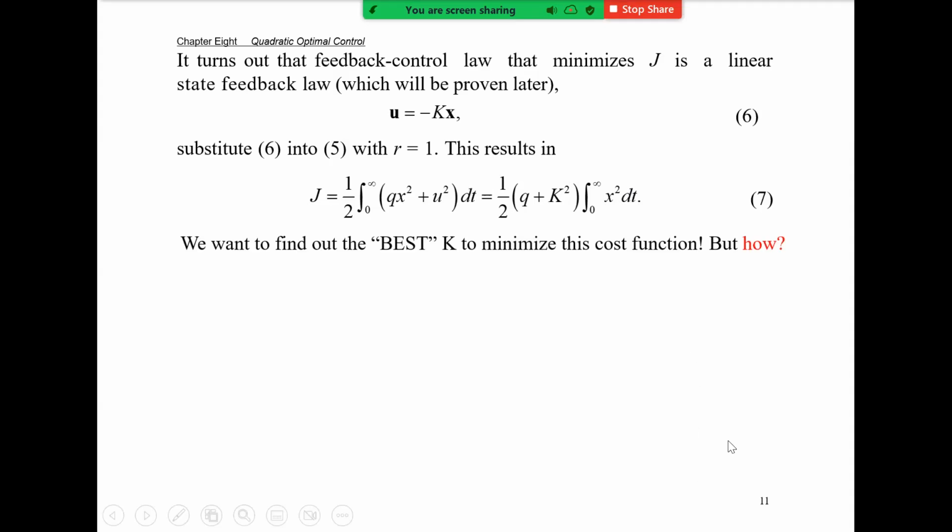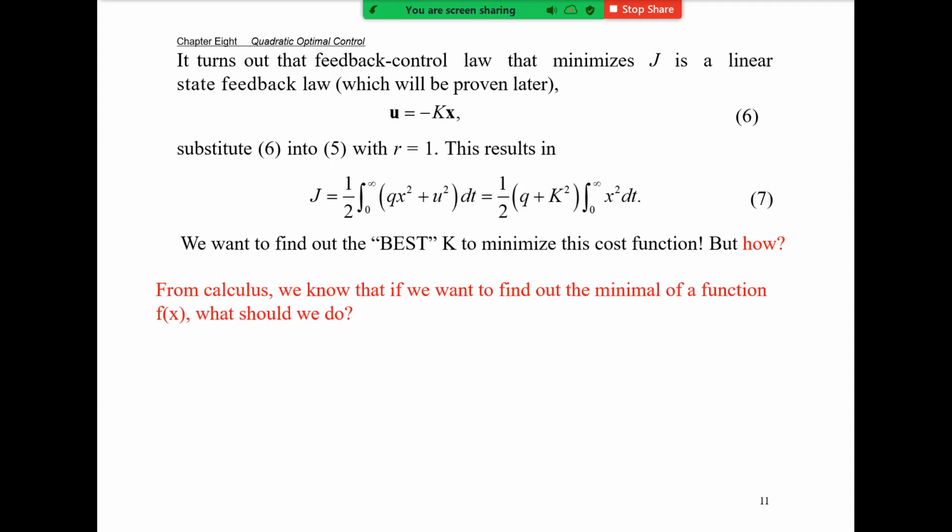Then we want to find the best value of k, the value that minimizes this cost function. So how are we going to do that? From calculus, we know that to find the minimum of a function with one variable, and here k is just a scalar variable, what should we do?